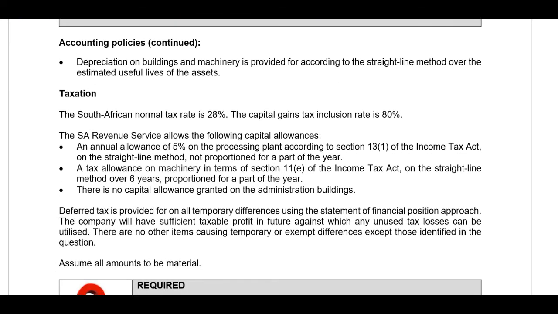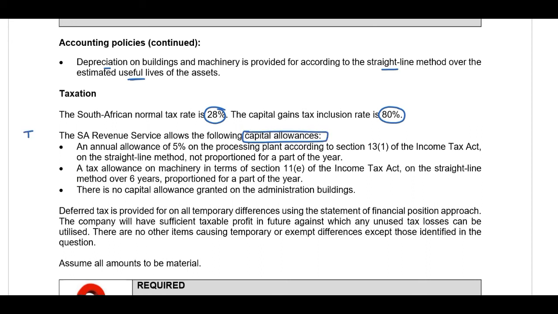Accounting policies continue. Depreciation on buildings and machinery is provided for according to the straight line method over the estimated useful lives of the asset. The South African normal tax rate is 28% and capital gains tax inclusion rate is 80%. The South African Revenue Service allows the following capital allowances. Why is this important?